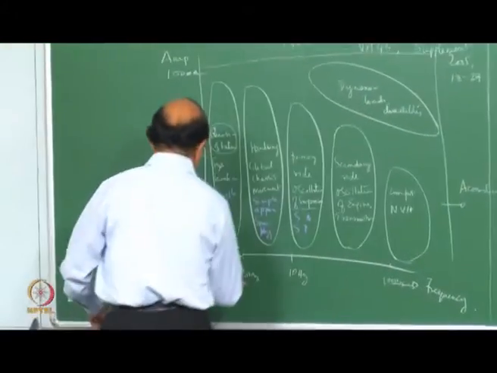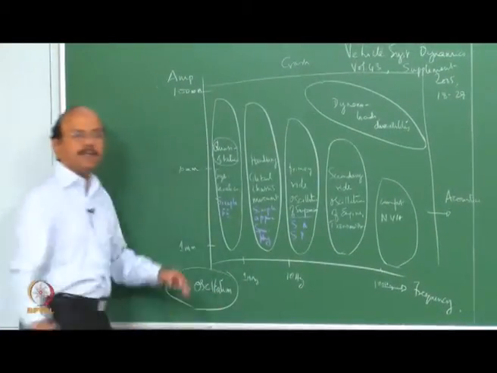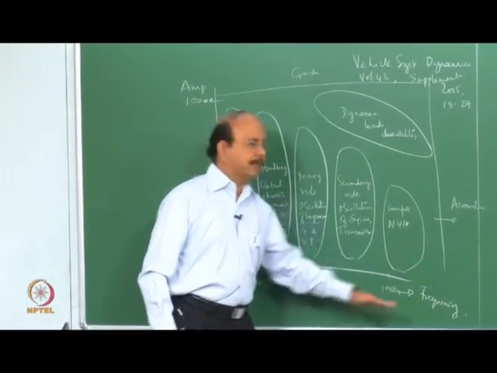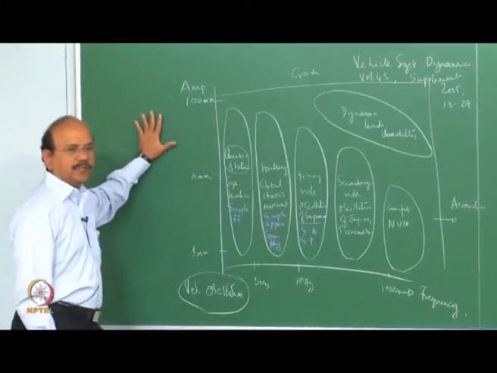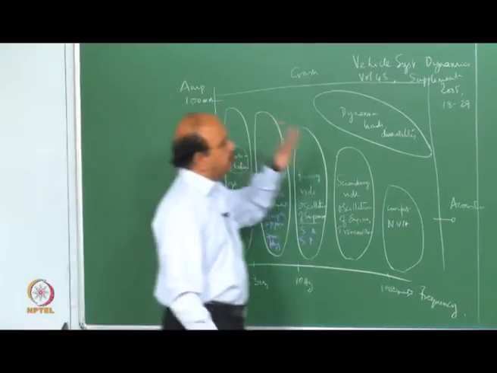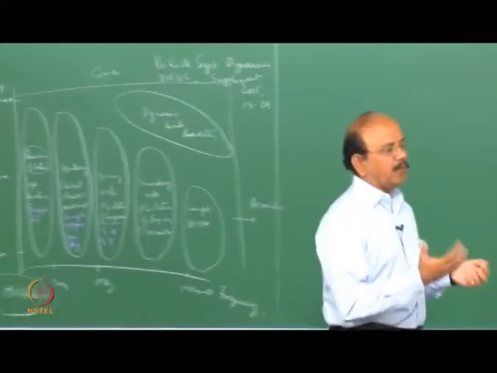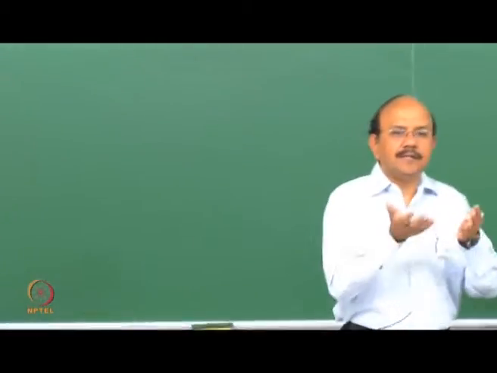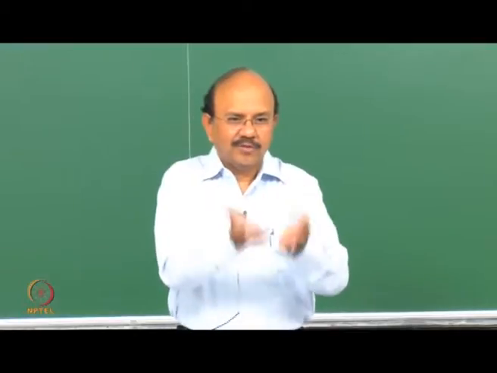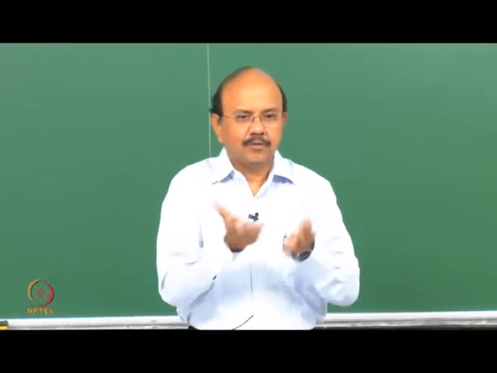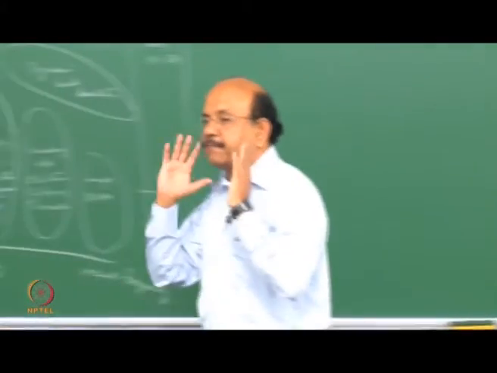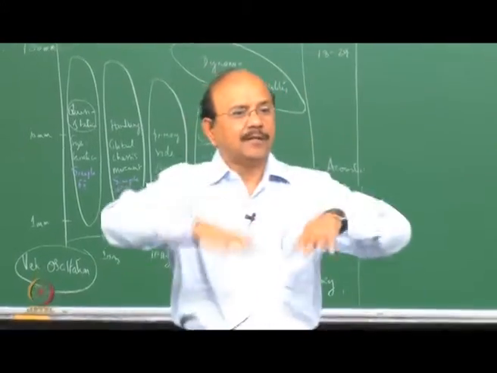So the vehicle oscillations can be classified in terms of the frequency of oscillation and the amplitude of oscillations, right? When you talk about oscillations, immediately you think there is going to be a bounce. A vehicle goes over a rough road and you see that bounce, and you have a tendency to map this word oscillation to a vertical oscillation, right?